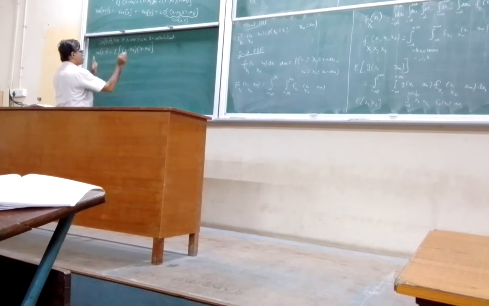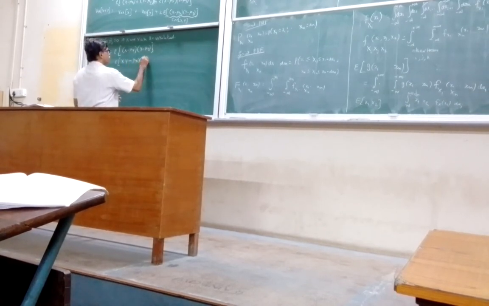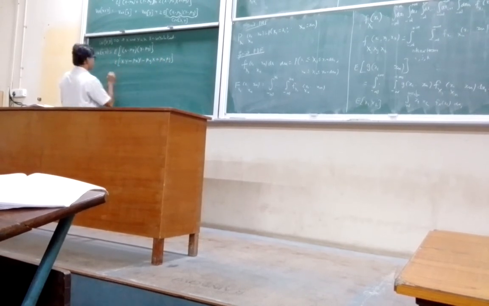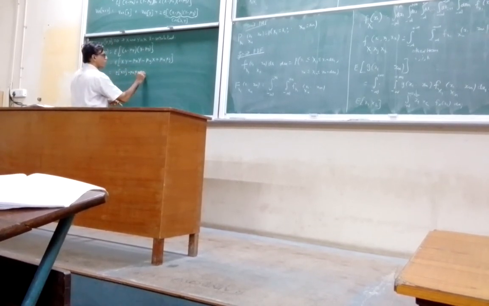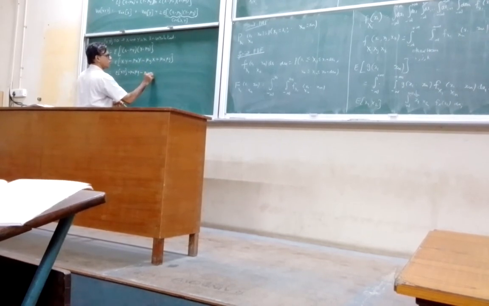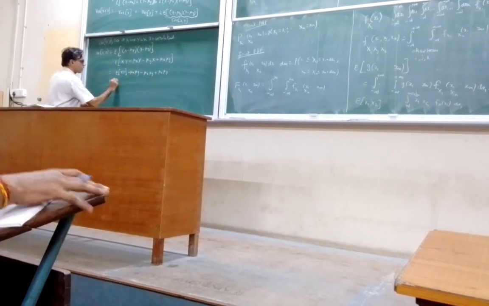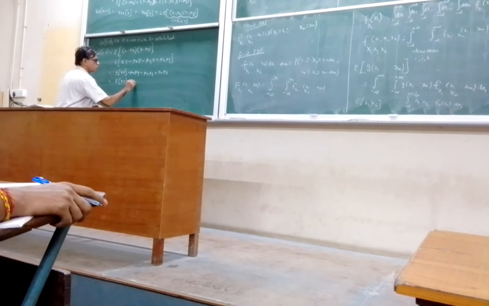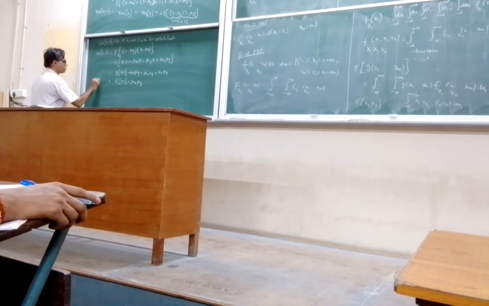We can multiply it out: xy minus mu x y minus mu y x plus mu x mu y. So you will have E of xy minus mu x mu y, since mu x and mu y are constants and E of y is mu y. That is E of xy minus mu x mu y, which is the covariance of x comma y.